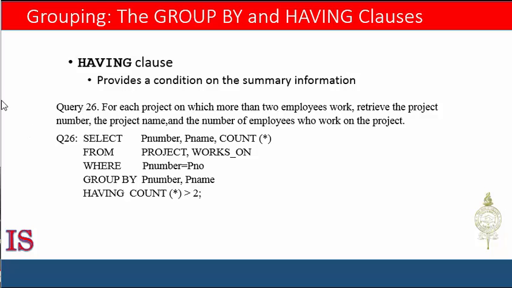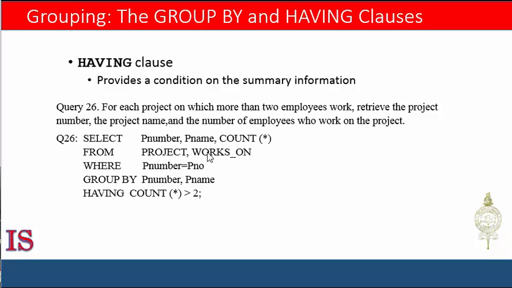Query 26. For each project on which more than 2 employees work, retrieve the project number, the project name, and the number of employees who work on the project. So here it is. Select project number, project name, and a count, counting records, from the two tables, project and works on. And you'll recall that project is a project with a project ID, a project description, and perhaps some other information.